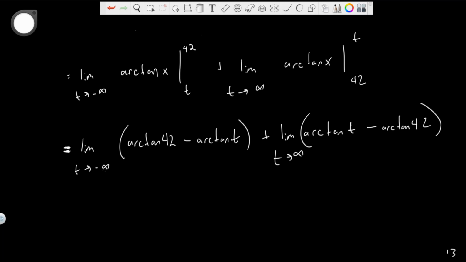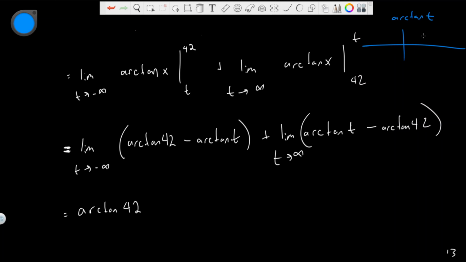The limit as t goes to negative infinity of arctan of 42, that's just the arctan of 42. And as the limit as t goes to negative infinity of the arctan of t, well, I know what the arctan of t looks like. I'm going to go ahead and draw that in my margins up here.